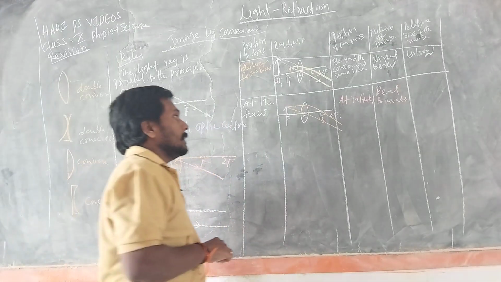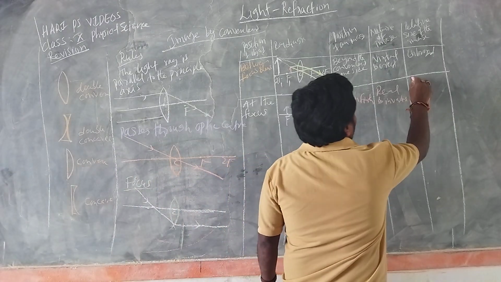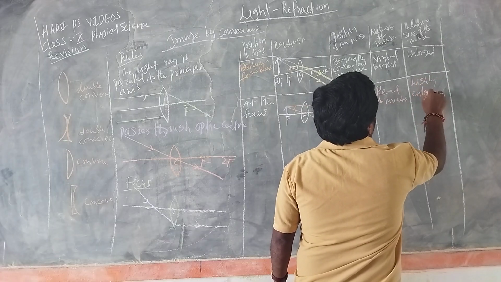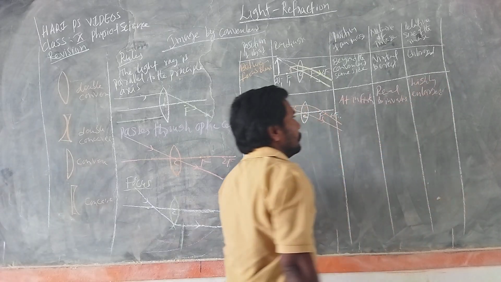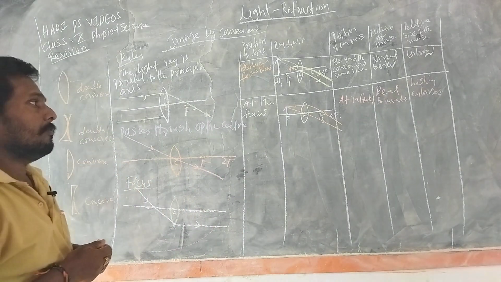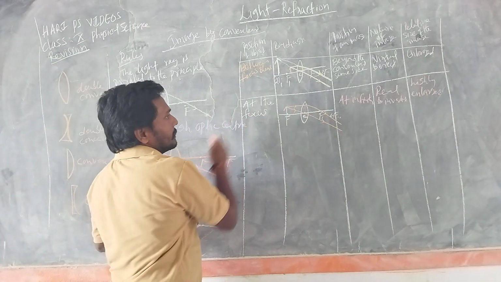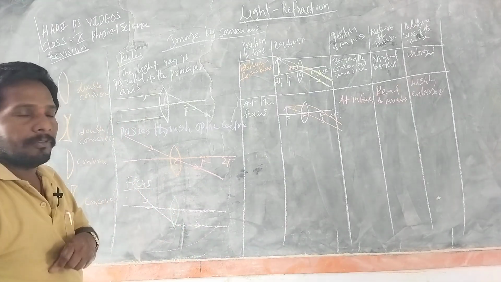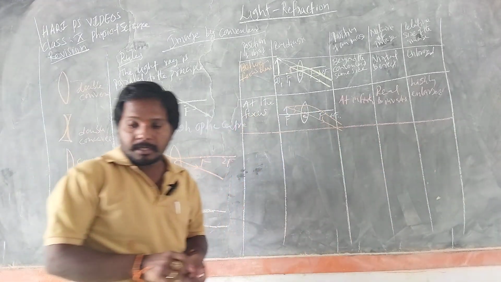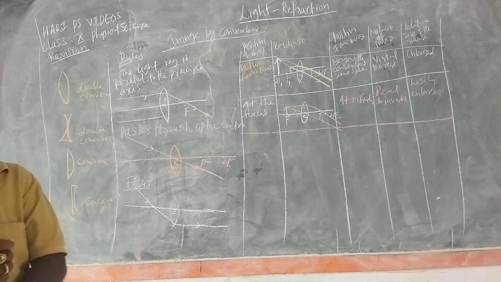A highly enlarged, highly magnified image of an object is formed when the object is at the focus. Then next, the object placed between F and 2F.